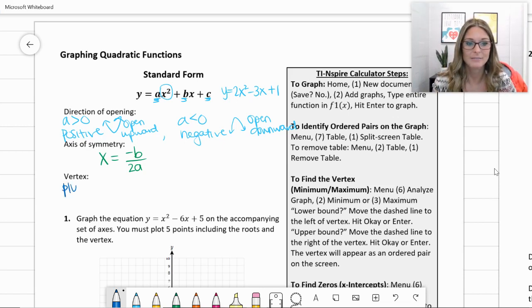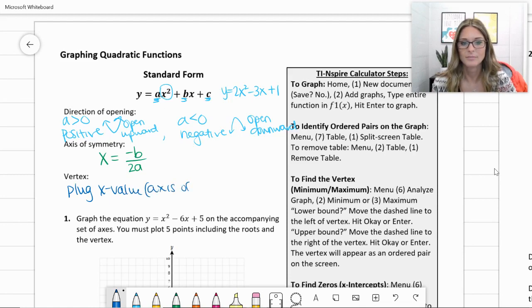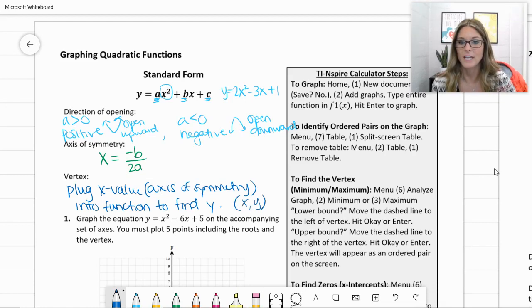So plug in the x value, which is your axis of symmetry, into the y equals quadratic function that you're given, to find y. And then you pull it together to make your ordered pair for your vertex, your x value from your axis of symmetry and the y value that you just solved for. That'll tell you your vertex.